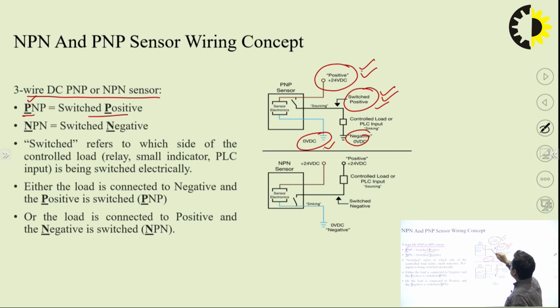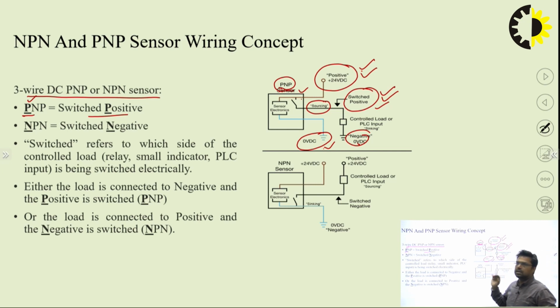In this case, with a PNP type of sensor, we know the output, the black wire, will be positive, so it is a sourcing type of sensor. The PLC or any kind of load must then be sinking type.